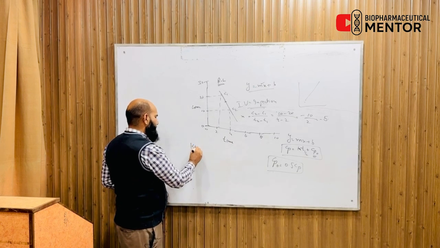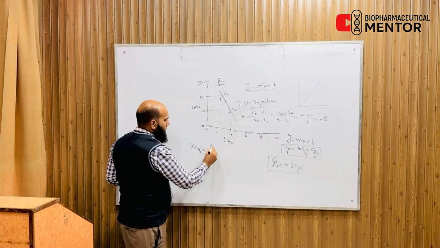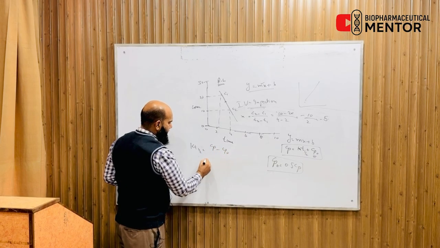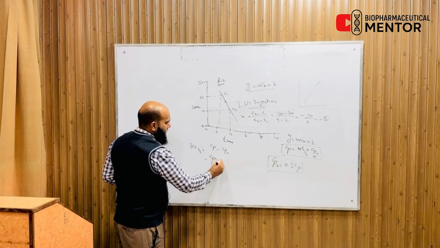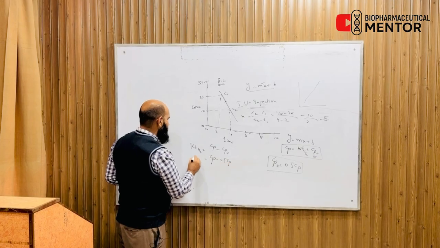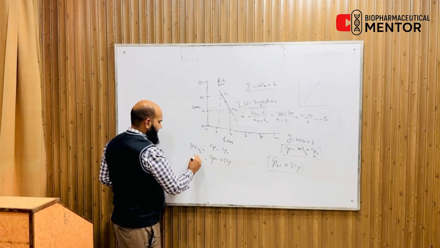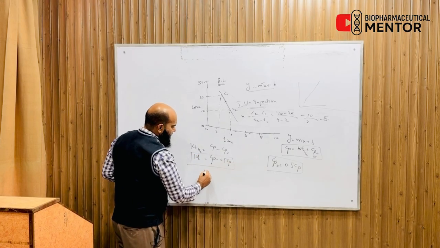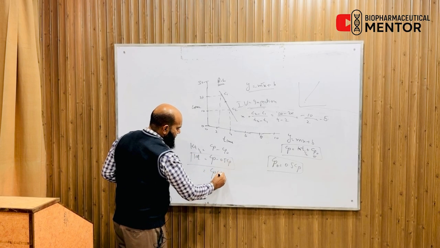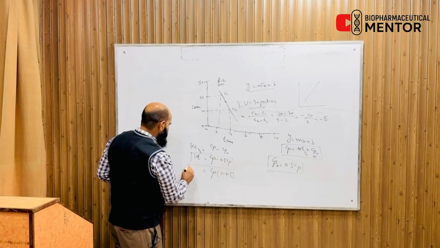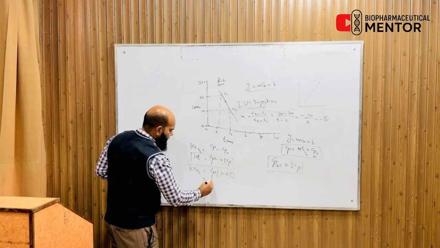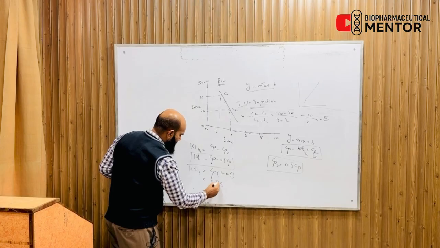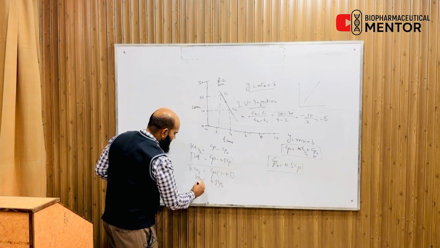Okay, k t half is equal to Cp minus Cp naught. Now we have to write Cp minus 0.5 Cp naught. When we take the common factor of Cp naught, it's 1 minus 0.5, so it's 0.5 Cp naught over k t half.